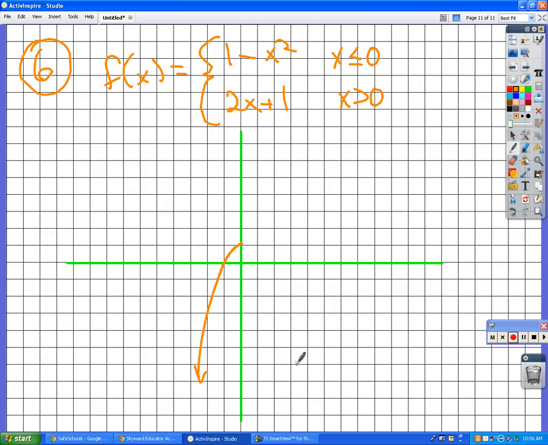What does 2x plus 1 look like? A line. The y-intercept is 1, so we start up 1, and the slope is up 2 over 1. So that turns out to be a continuous function. It's a piecewise function because it has 2 pieces to it, but it's a continuous function because they meet right here. The value at 0 is the same in both of them.